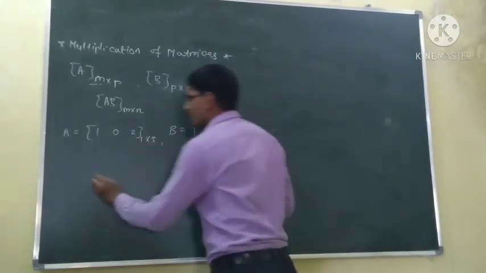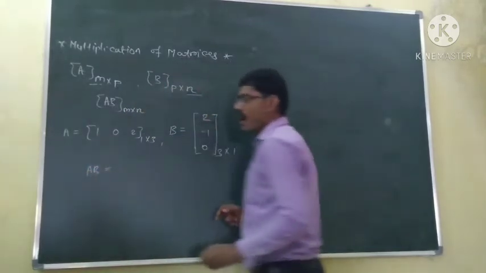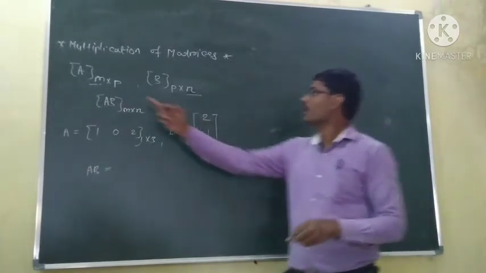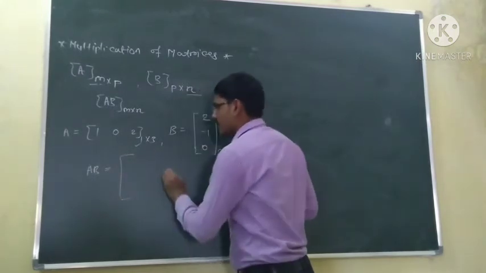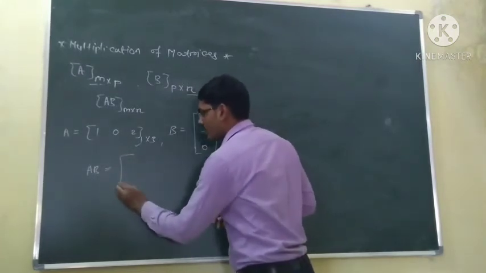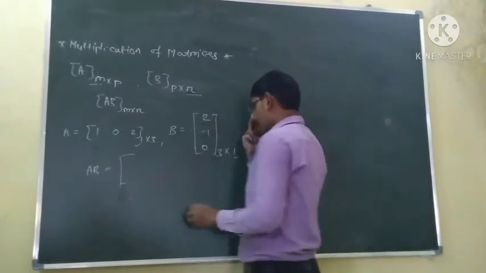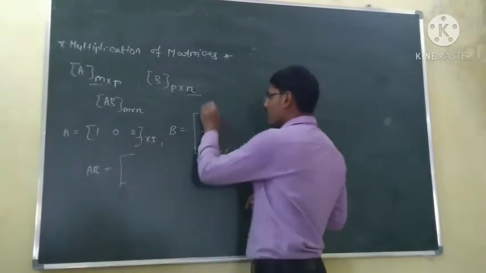So the matrix after multiplication, that is A into B, will have order 1 by 1. There is only 1 row, 1 column. So let us take the multiplication now. How do we multiply two matrices? First row, first column.